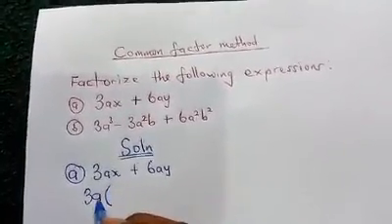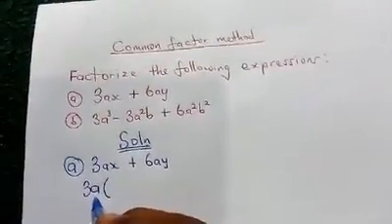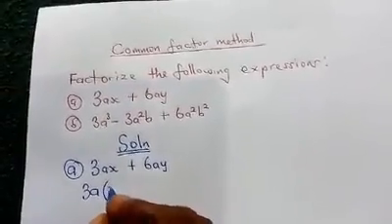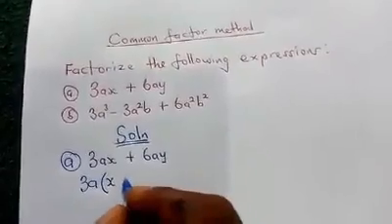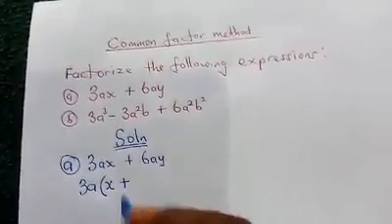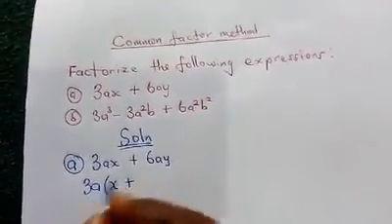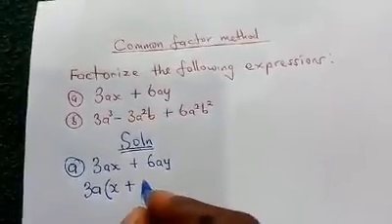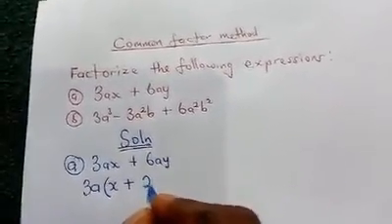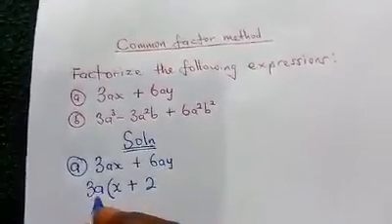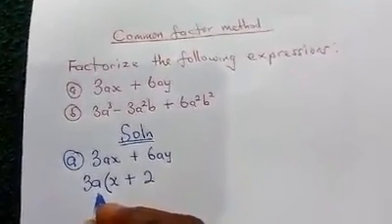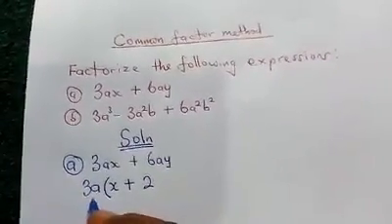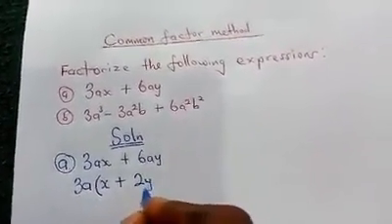But since X has not been factorized out, it means that x would be put into the bracket. We write our sign, and then we divide the 6 and 3. And you know the answer is going to be 2. A has been factorized out already. When you divide, it's going to be 1, so we do not write it. And then Y has not been factorized out, so that is what is left for the second term.